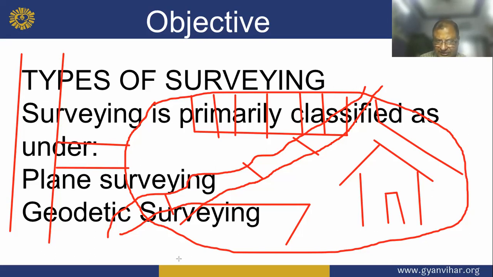So at that time, when he is doing the leveling of the whole area and making the contour level, this is the plane surveying, where only 2D is available. And a condition is: here a hillock is also available.